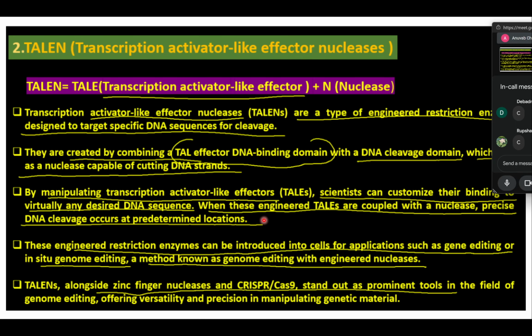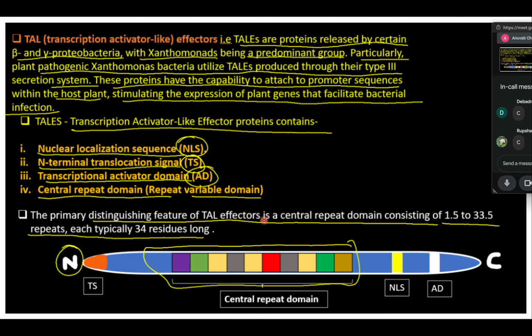So, what is the advantage of TALs? TALs are transcription activator like effectors. These are specific proteins that are released by plant pathogenic Xanthomonas bacteria, which utilize TALs produced through their type 3 secretion system. And these proteins actually have a lot of different domains, but the most important part that we are interested in is a central repeat domain or a repeat variable domain.